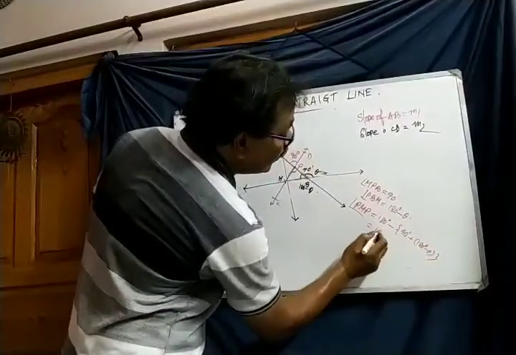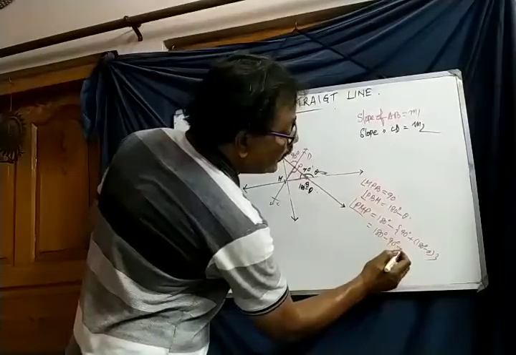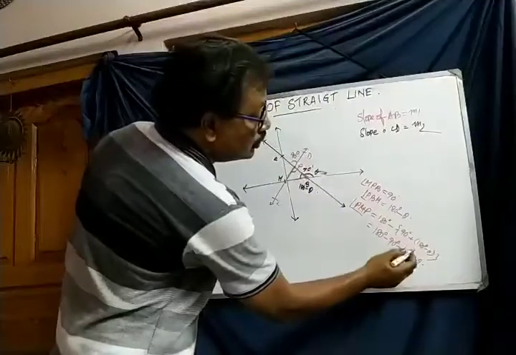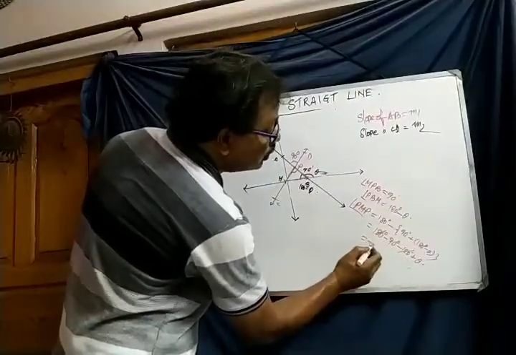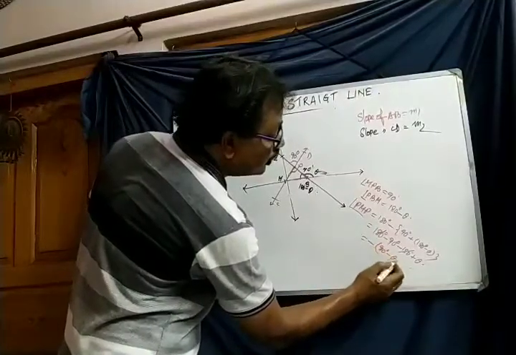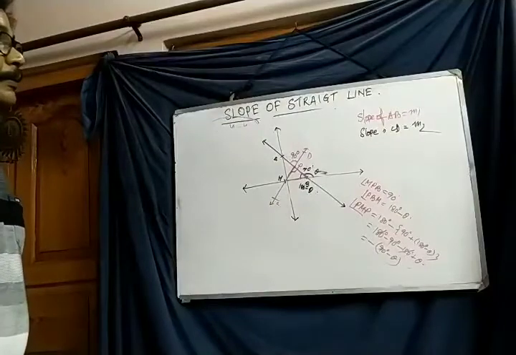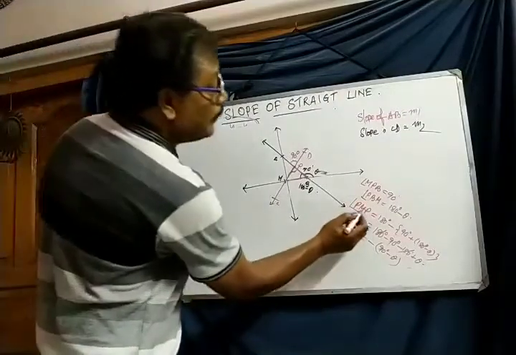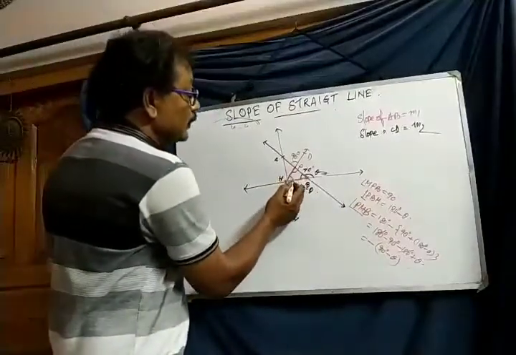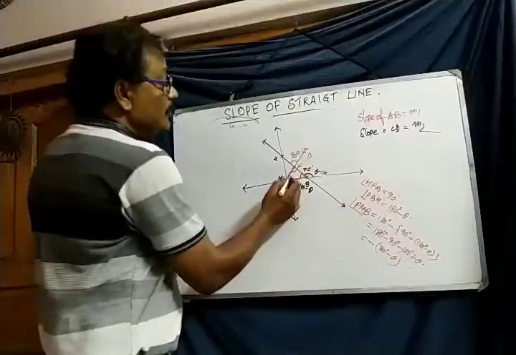Therefore, we get 180 degrees minus 90 degrees minus 180 degrees plus theta, which is minus 90 degrees minus theta. This is the value of angle PMB.